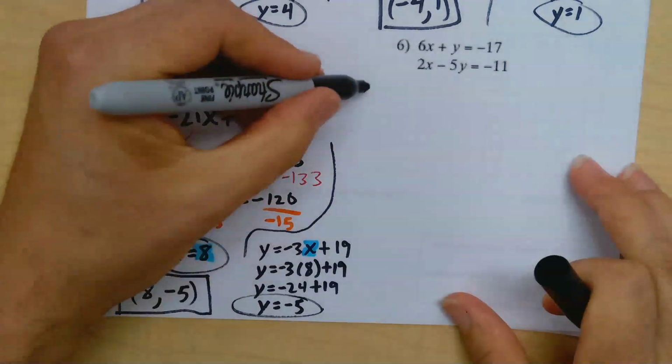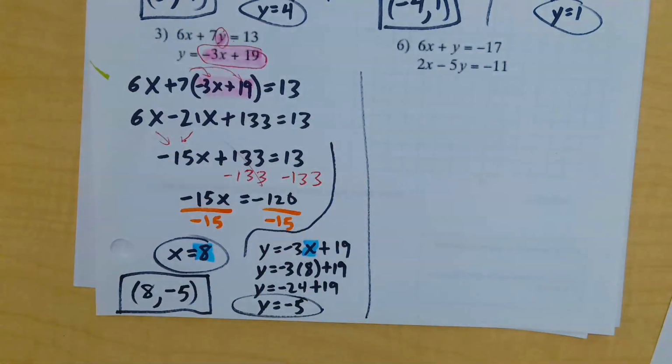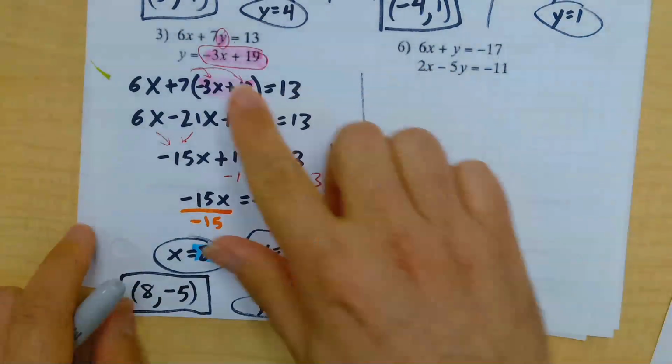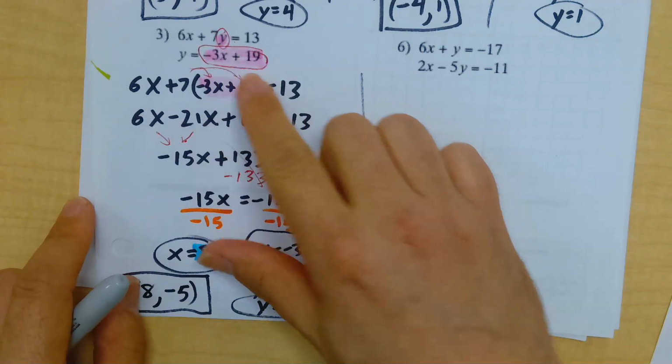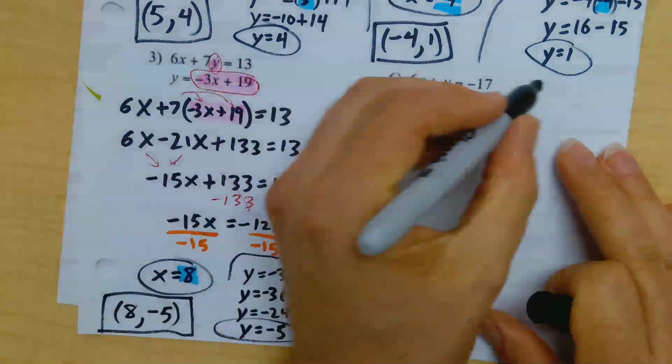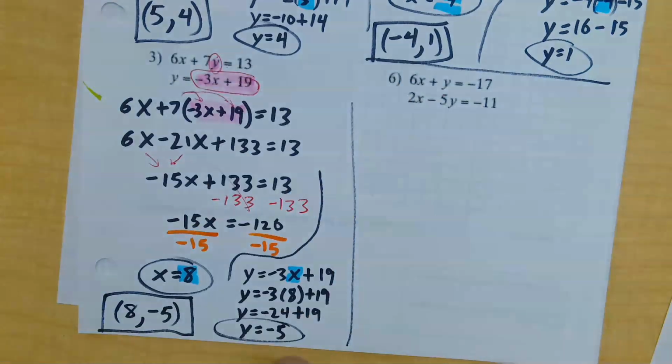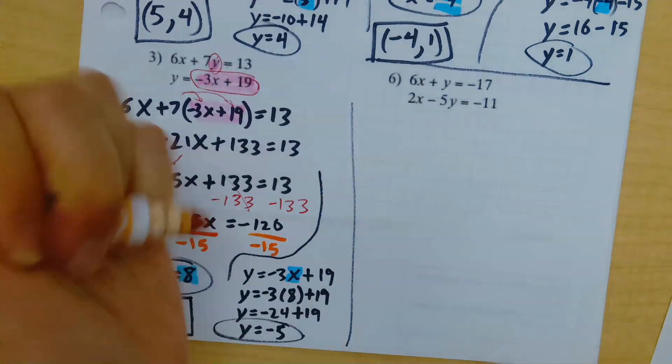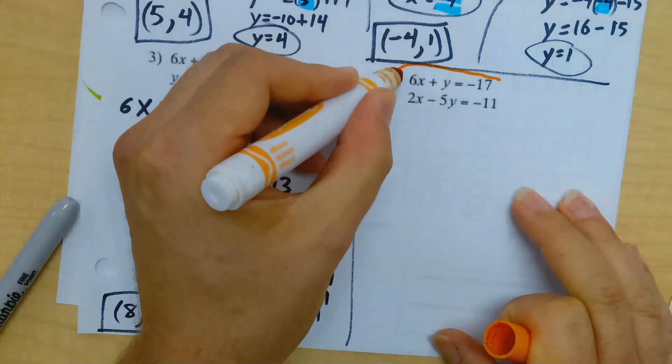And let's do number 6. Okay, so now we're used to having y equals something, and nothing looks like that right here. So if we're going to use substitution, what we need to do is rearrange this equation so that it's y equals.